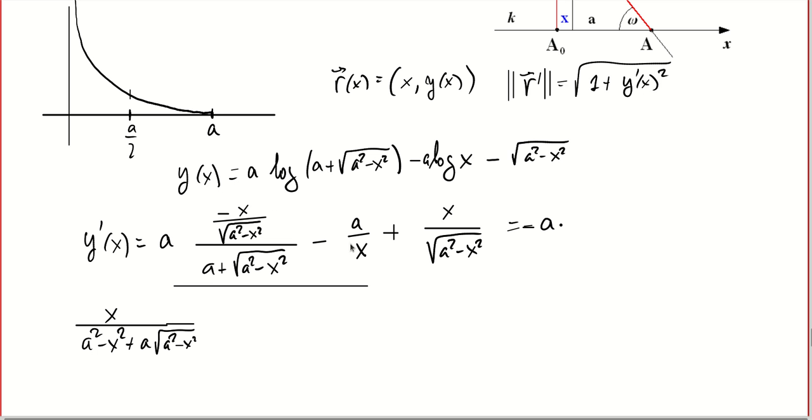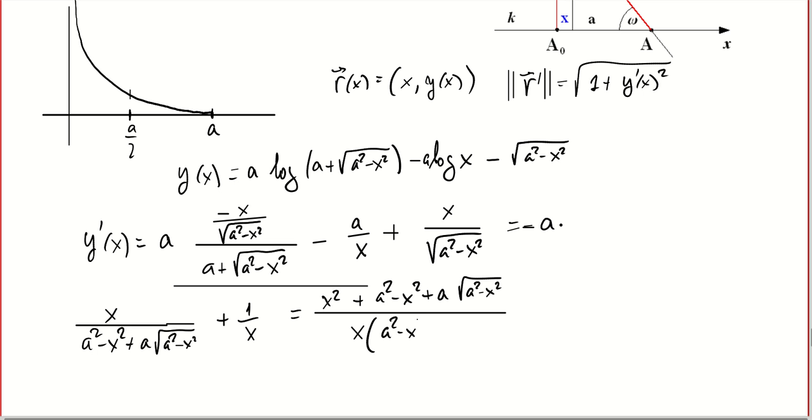This fraction here is 1 over x. Remember, I'm factoring out this minus a. So if I cross multiply, I have x squared here, plus a squared minus x squared plus a times the square root of a squared minus x squared, and down here I have x times a squared minus x squared plus a square root of a squared minus x squared.